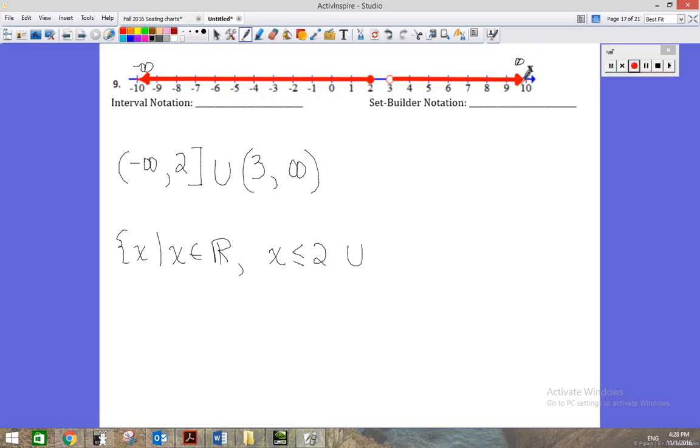I don't have another endpoint that's infinity. I'm not going to use it. Or I've got x is to the right of 3. x is strictly bigger than 3 because it's a hollow dot. So this is the interval notation way to describe this set of numbers, and this is the set builder notation way to describe these numbers.